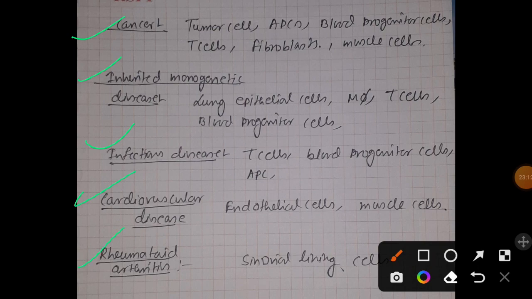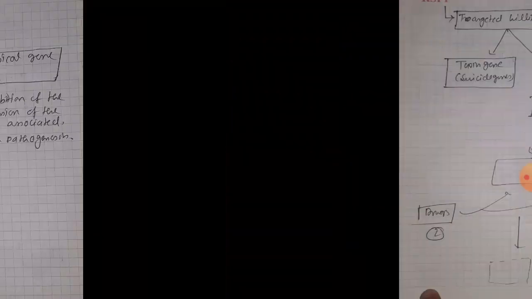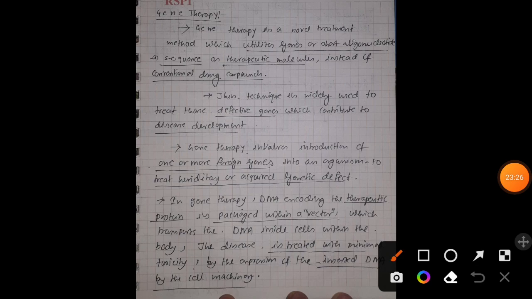For exam purposes, I recommend you remember three from each category. That is the entire concept of gene therapy that you should know for answering any question in your exam. First of all, in gene therapy we are using short oligonucleotides as a therapeutic agent.